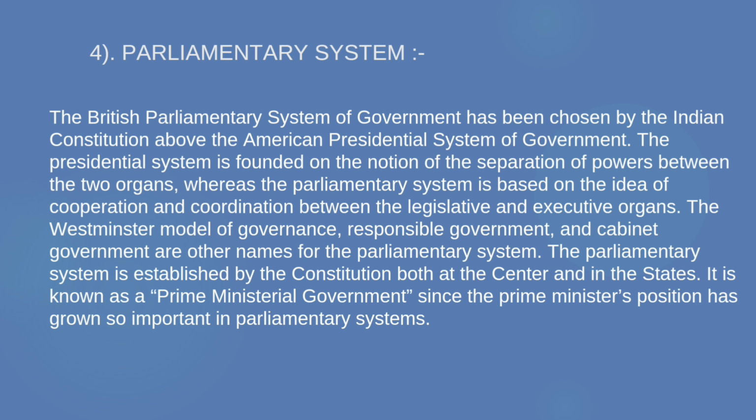The Westminster model of governance, responsible government, and cabinet government are other names for the parliamentary system. The parliamentary system is established by the Constitution both at the centre and in the states. It is known as prime ministerial government, since the prime minister's position has grown so important in parliamentary systems.